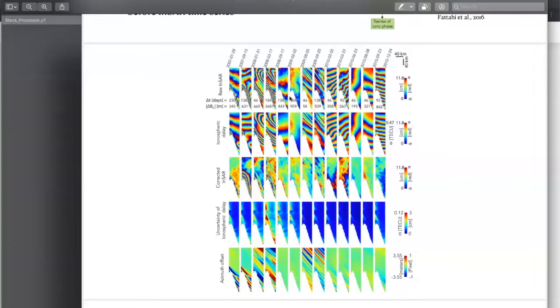So the residual is very nicely correlated with the DEM, and it's DEM error there. So I hope that answers your question. February, March, yeah, definitely there is troposphere.